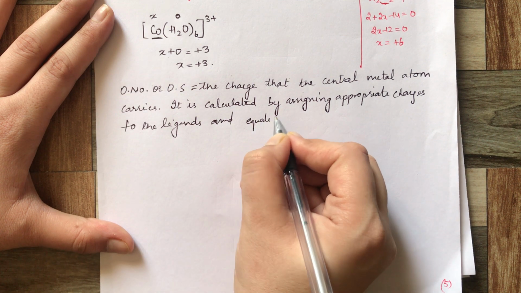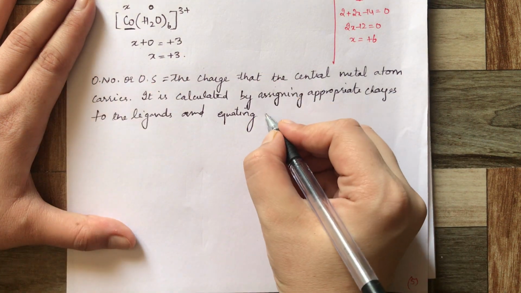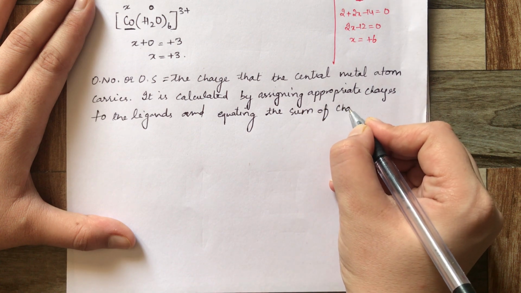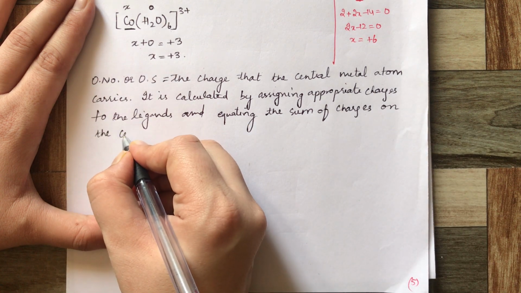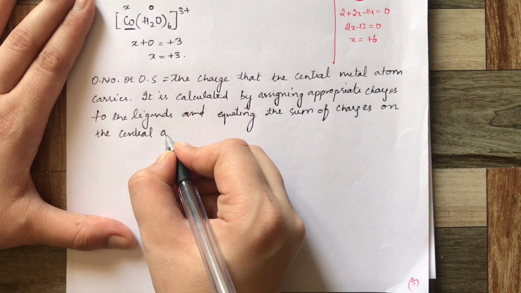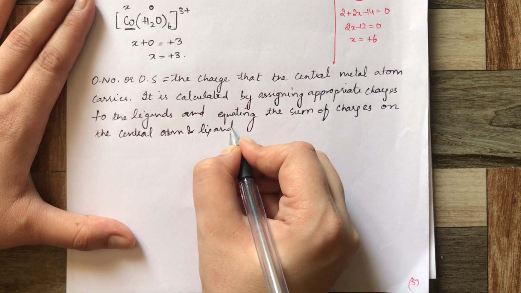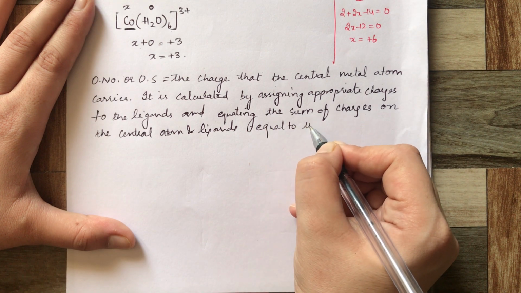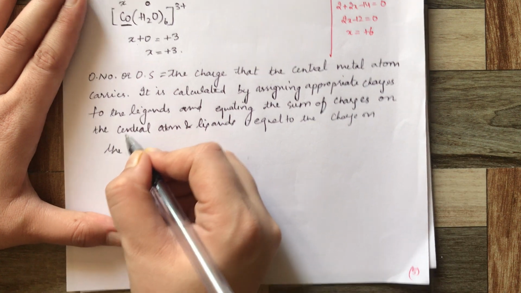It is just what we have done, we are writing in words: equating the sum of charges on the central atom and ligands to the charge on the coordination sphere.